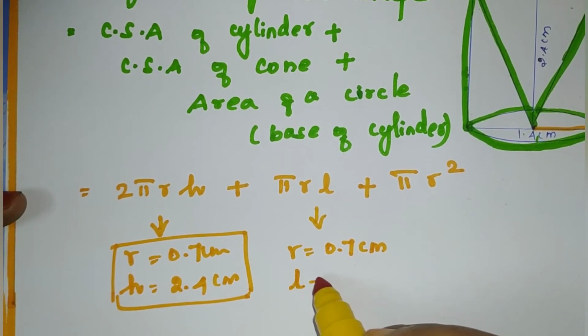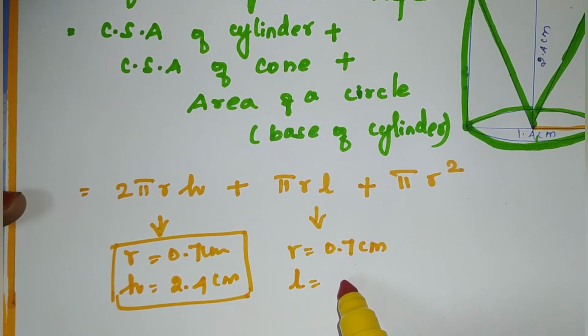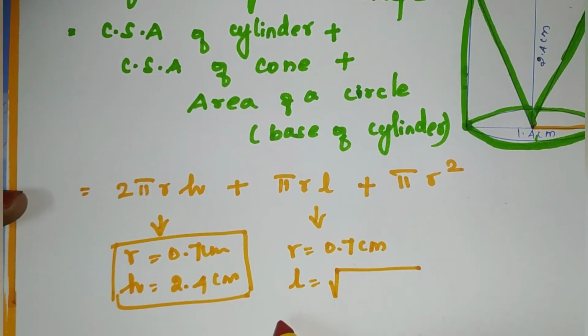Children, you have to find the slant height. How can we find the slant height? By using r and h. h is 2.4 centimeter.